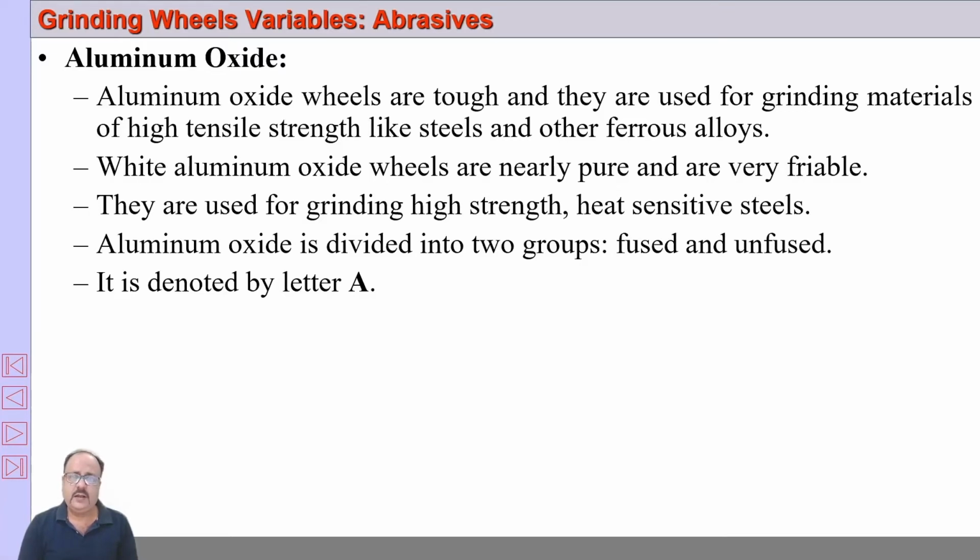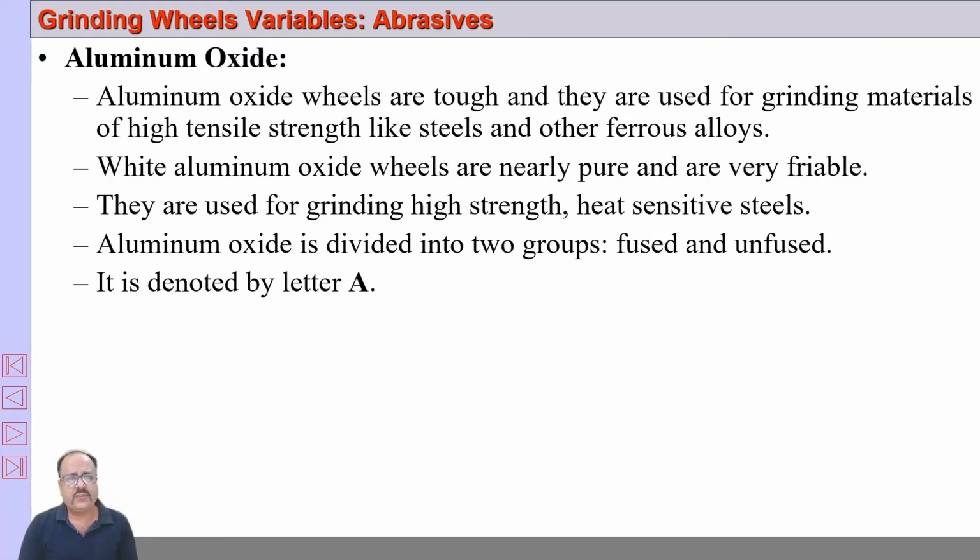The gray one is more generally used for grinding high tensile strength steel alloys, whereas the white one is used for heat sensitive steels. The white one is more friable, meaning the grains break or fracture more easily. It may be fused or unfused aluminum oxide, and it is denoted by the letter A.